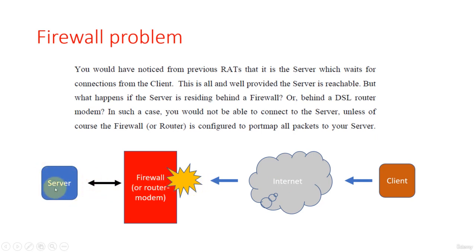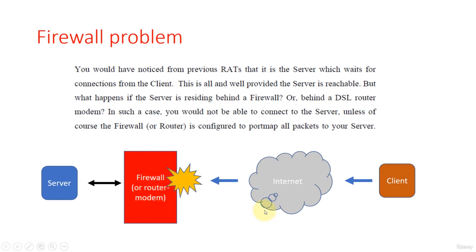So if you have a RAT which is already installed on the server, probably through a phishing attack where you trick the user to download something through email or from a website, and you have successfully installed it on the server, the RAT server, then you will find that you are unable to connect to it because it is behind this router or the firewall.